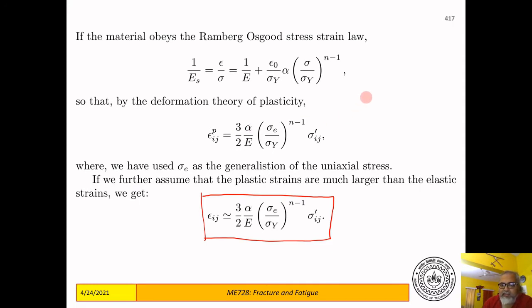So in general, for incremental plasticity, we had a flow rule which was of this form for the von Mises material, whereas for deformation theory of plasticity, where we discount the possibility of unloading, this is the flow rule, and it's now not in terms of increments in stress and strain.